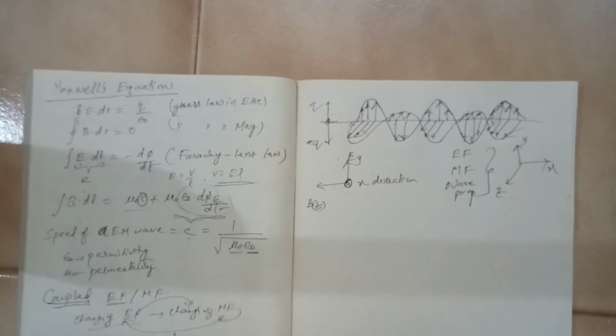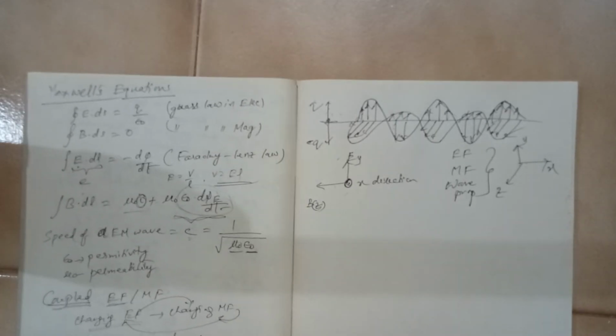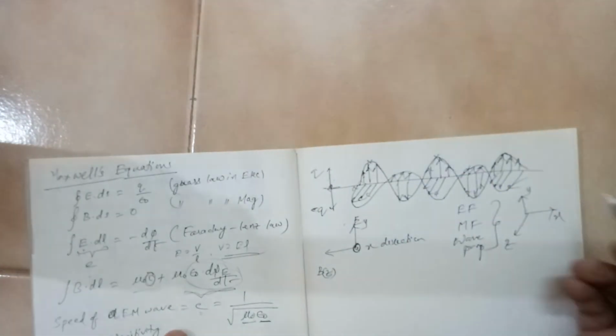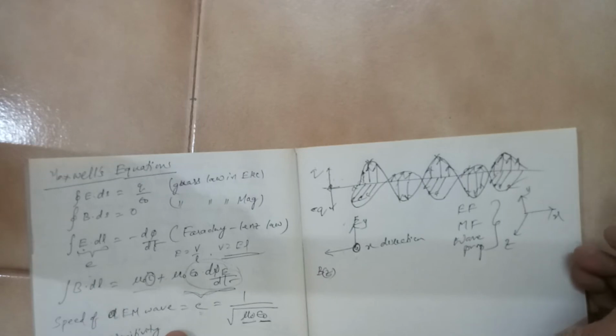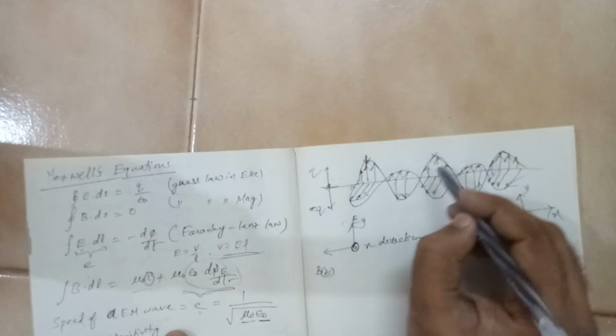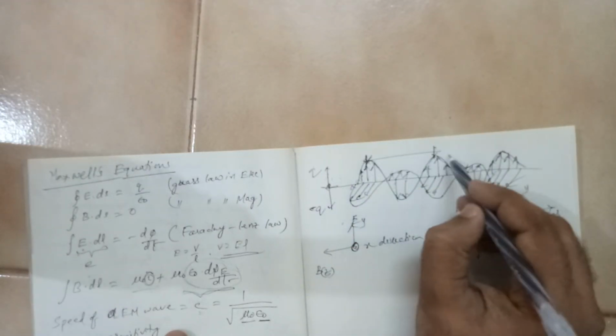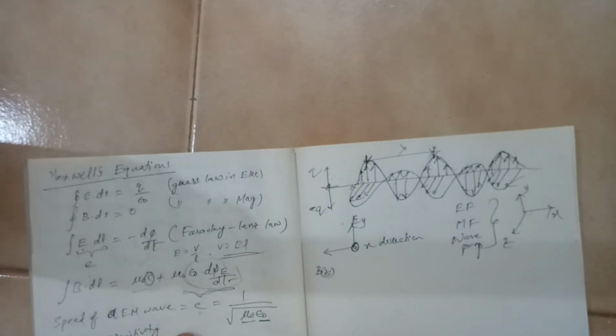So obviously it is a wave phenomenon. It will have its wavelength. You need to take the electric field, and take two corresponding crests or troughs; the distance between them is your wavelength.